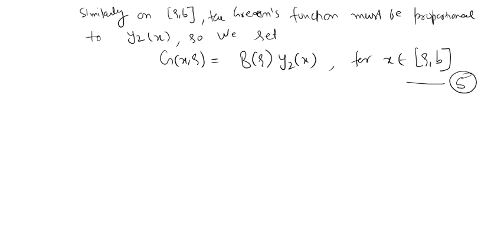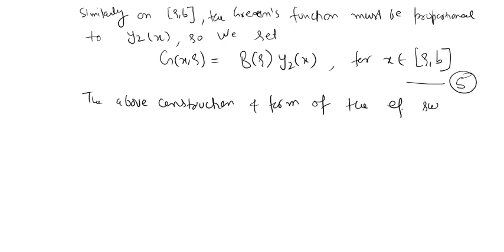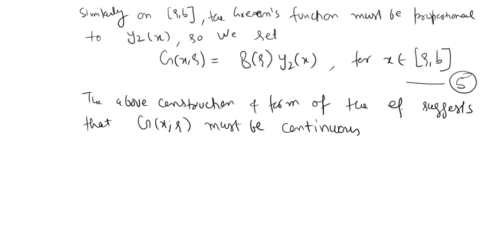Okay, so the above construction of Green's function, and the form of the given equation that was given in the beginning, suggest that the Green's function g(x, xi) must be continuous on the interval AB.